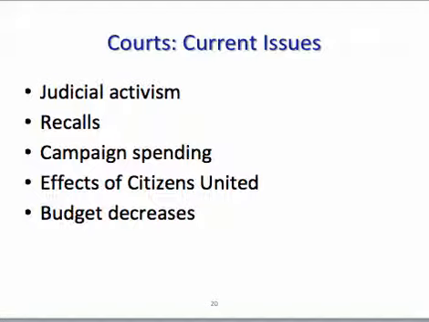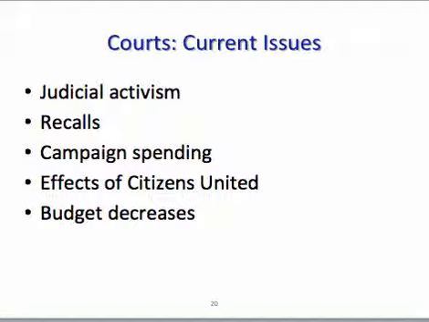So as more money has become available for these electoral fights to be fought, more money has been spent, and as more money is spent, there are increasing questions about judicial independence.